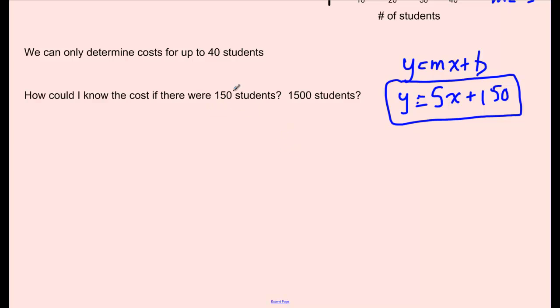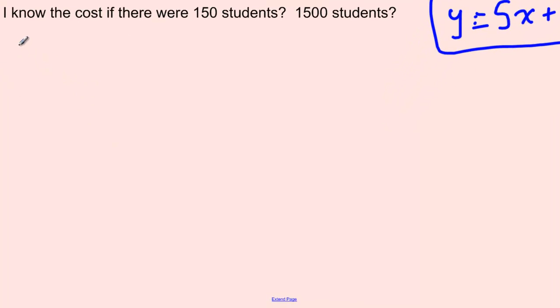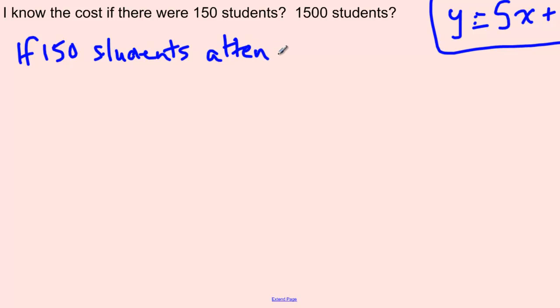Okay, so if I were to ask you, what is the cost if 150 students attended? You would say that our x value would equal 150.